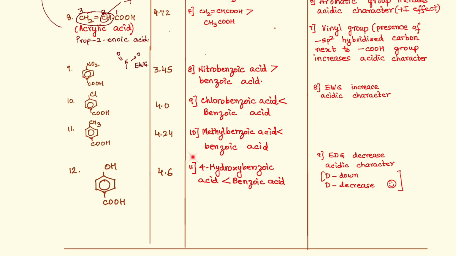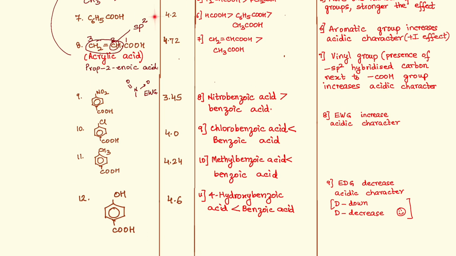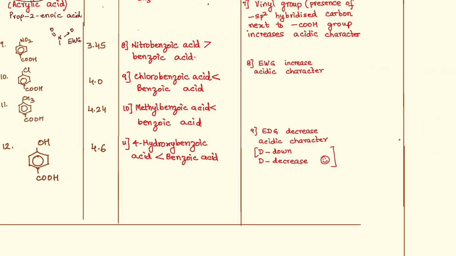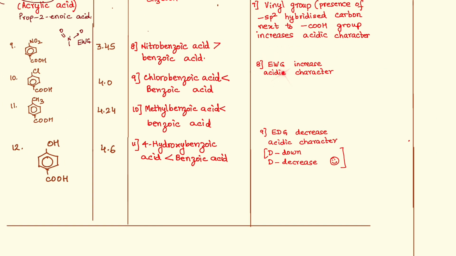Look at the pKa values, 4.24, 4.6. Look at the pKa value for benzoic acid, 4.2. So, what has happened? The acidic character has actually gone down when we've got electron donating groups. So, EDG and EWG. EWG increase, you look at the increase, whereas D is for down and D is for decrease. Easy to remember like this.